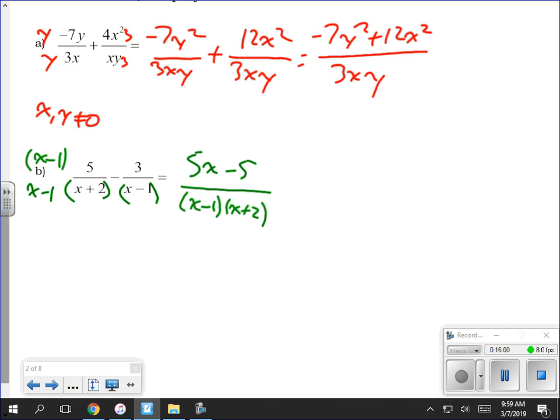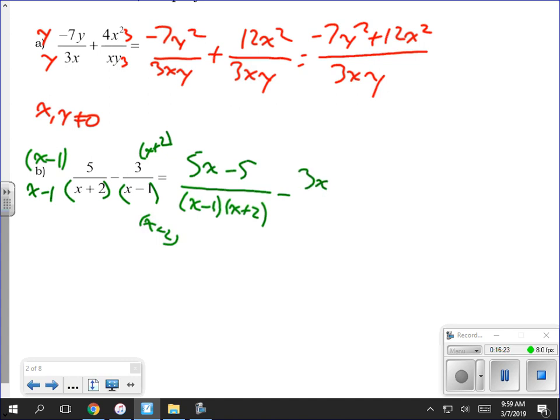Okay. Second fraction, same idea. What's in this first denominator that's not in my second denominator? X plus 2. So I multiply the numerator and denominator by x plus 2. And I have a minus, so it's still subtraction. And I have to distribute the 3.